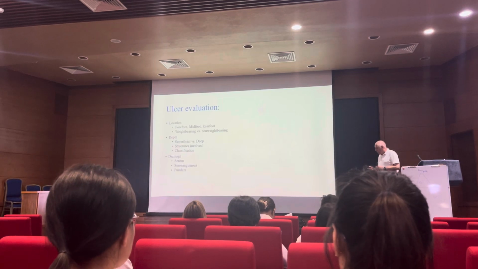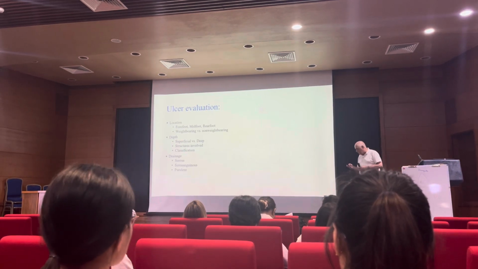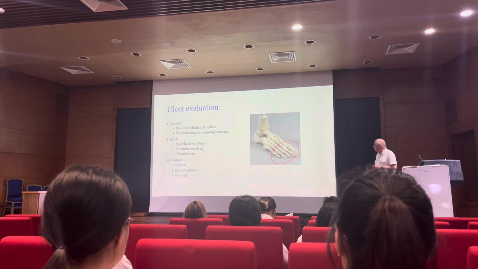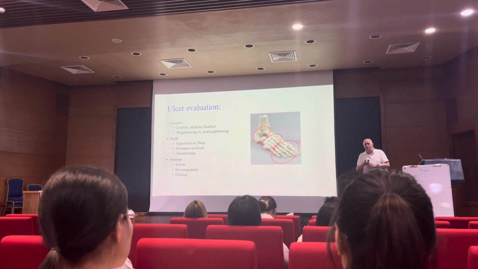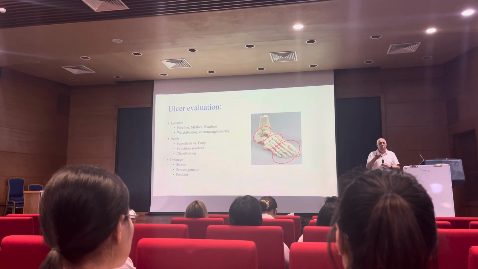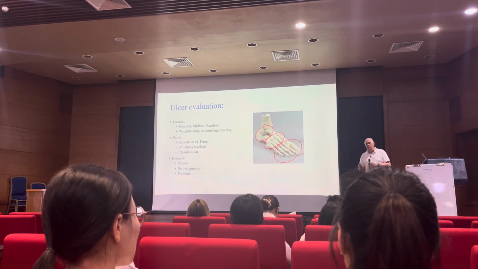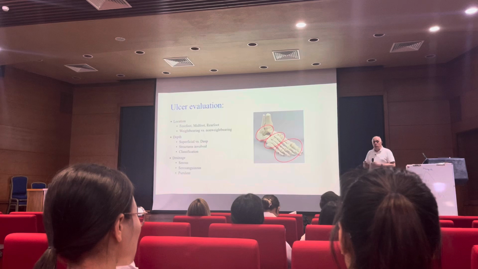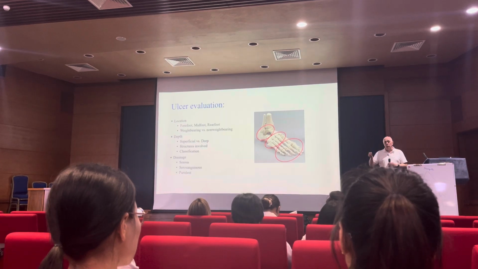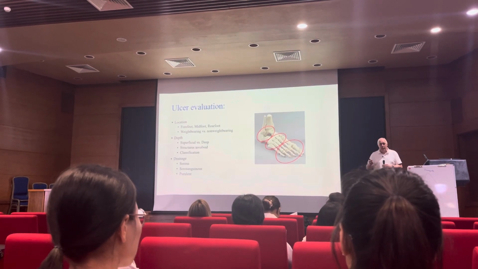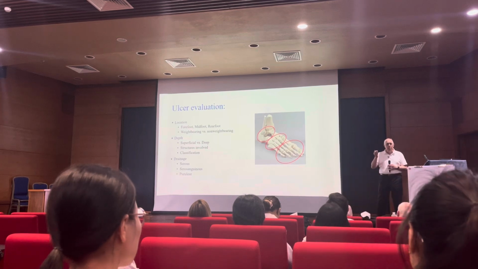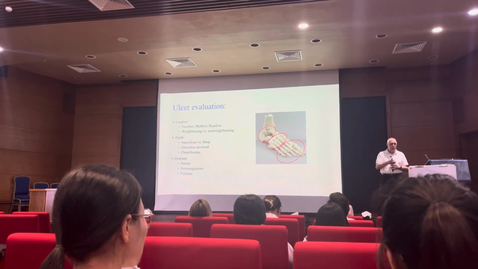Okay, so the next step, and this is where I think that you can be very helpful in evaluating these patients. It's important for you to do this. When you see a patient with an ulcer, what do you look for? Well, number one, you want to look for where is this ulcer located, the location of the ulcer, because that will give you a clue as to why this ulcer developed in the first place.